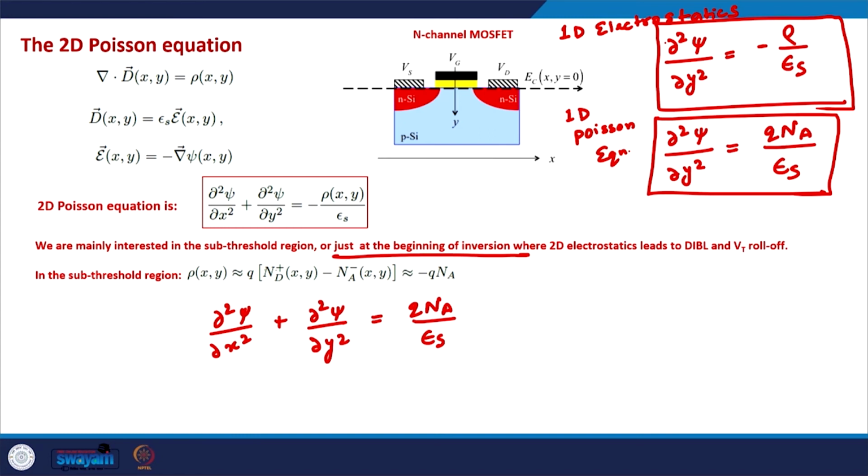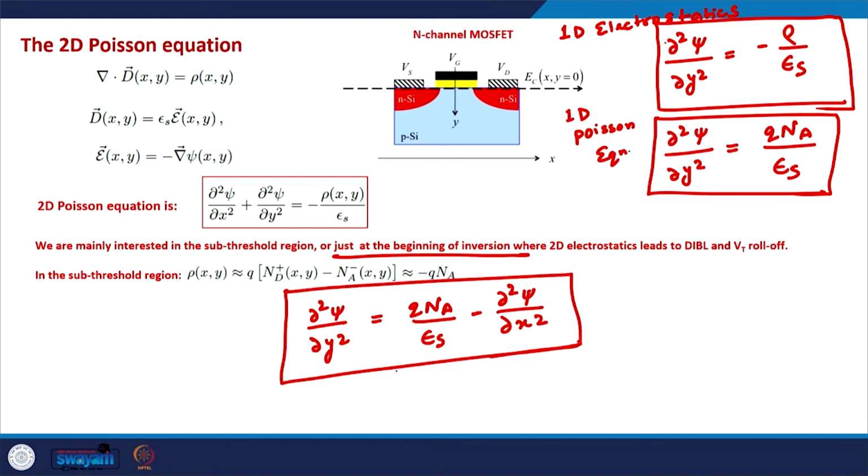In 2D Poisson equation, in addition to del 2 psi by del y square, we also need to consider del 2 psi by del x square. So, what that amounts to is that we can take this term to the right side, and the left hand side of this equation is exactly the same as the left hand side of the 1D Poisson equation. So, this 1D analysis is the analysis that we have already done so far in our discussion of electrostatics.